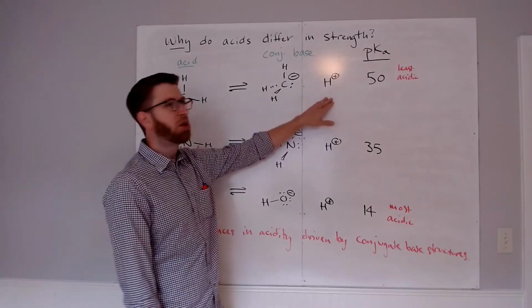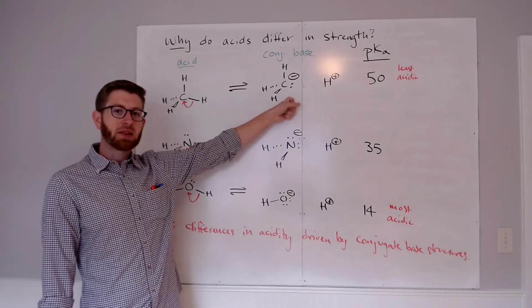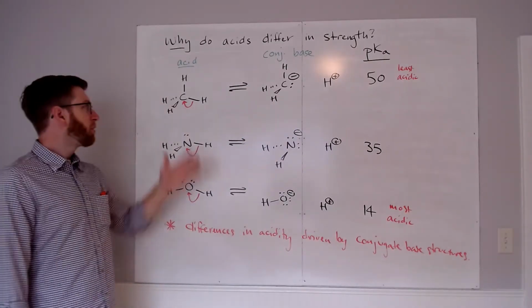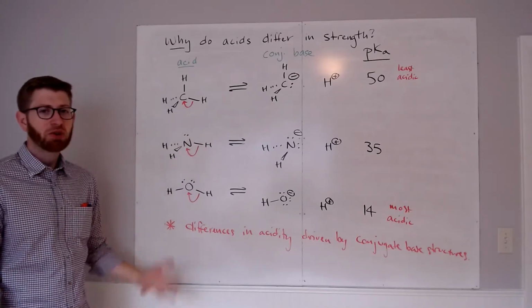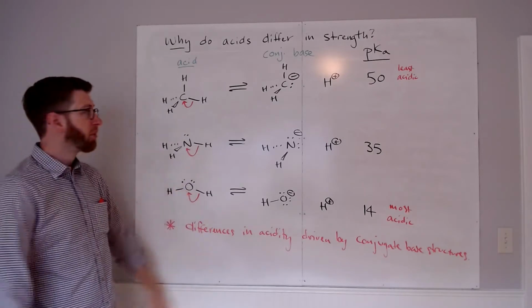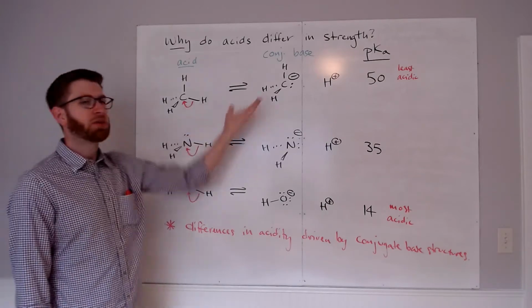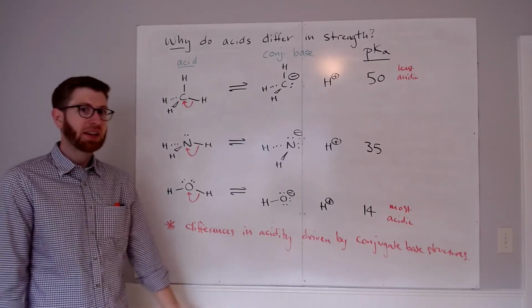It's losing its proton to go from methane to CH3-, right? So let's do a little thought experiment. We're going to anthropomorphize this methane molecule. We're going to treat it like a human. So it has emotions and desires and goals and pet peeves, whatever. Why would this structure do this reaction? Like, there's got to be some reason. It's not just going to happen randomly.